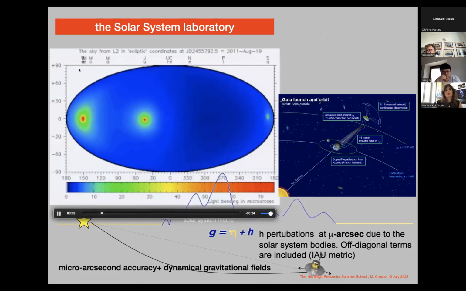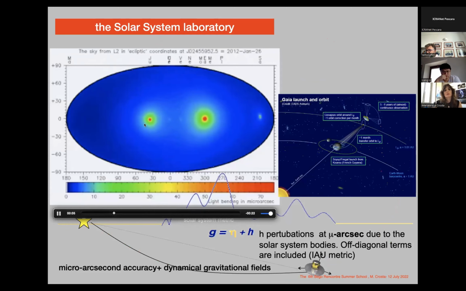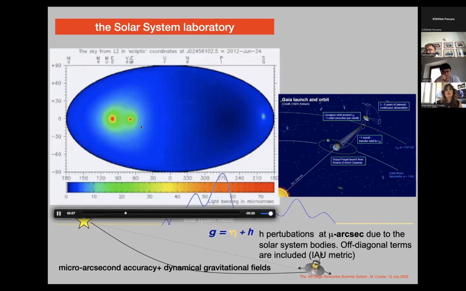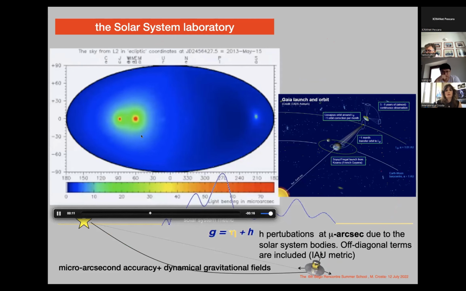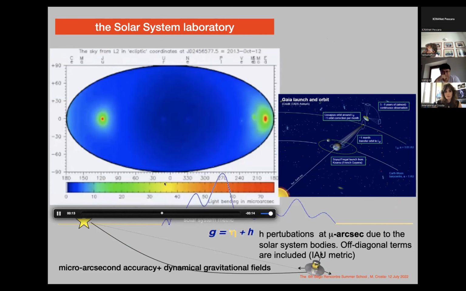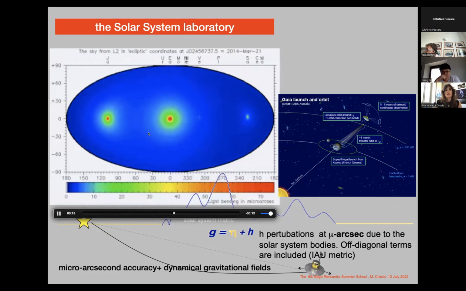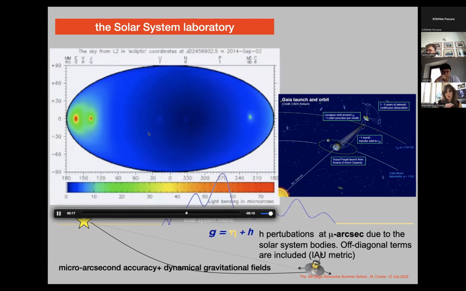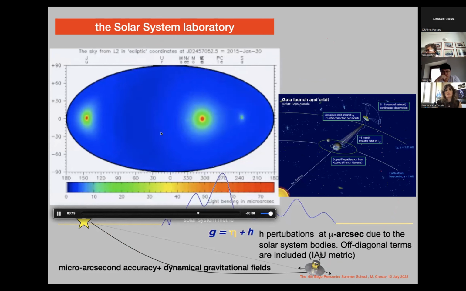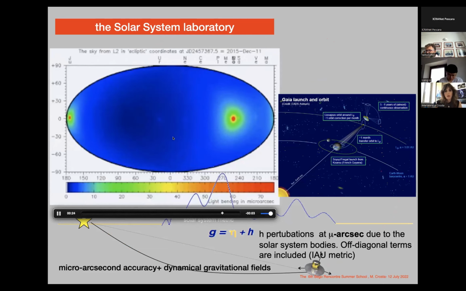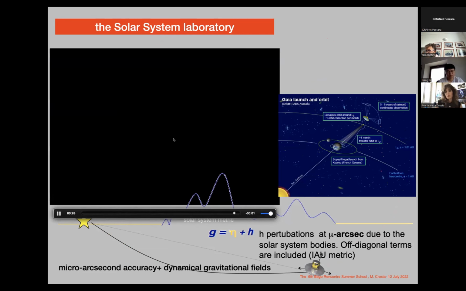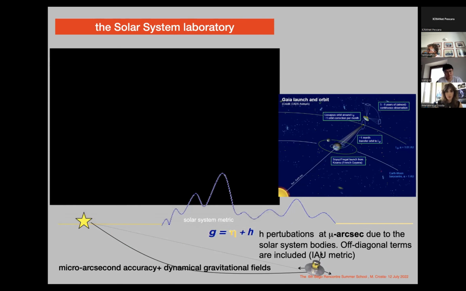In this video, you can see how the solar system bodies affect the measurement of Gaia. We see the scale of the microsecond, and the sun in this video has been removed. And you see that at the L2 point where Gaia is operating, there is an ever-changing overlapping gravitational field due to the solar system bodies.